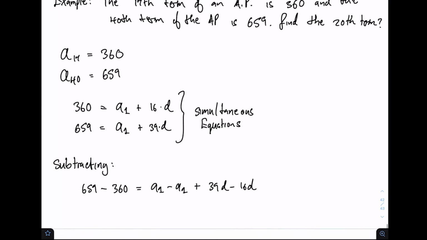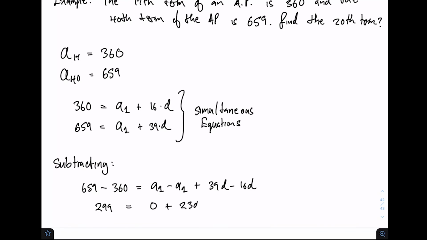Let's jump over to my calculator. 659 minus 360 gives 299, which equals 0 plus 39 minus 16, and that gives us 23, so we have 23d.